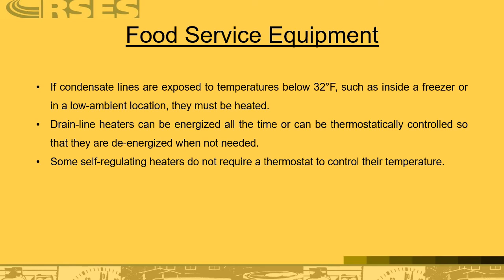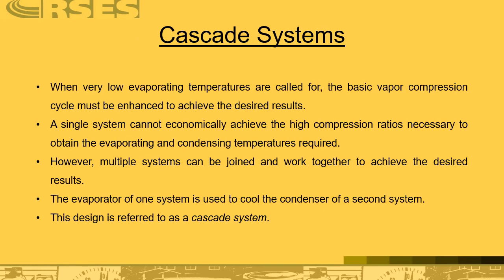If condensate lines are exposed to temperatures below 32 degrees Fahrenheit, such as inside the freezer or a low ambient location, they must be heated. Drain line heaters can be energized all the time or be thermostatically controlled so they de-energize when they're not needed. Some self-regulating heaters do not require a thermostat to control their temperature.